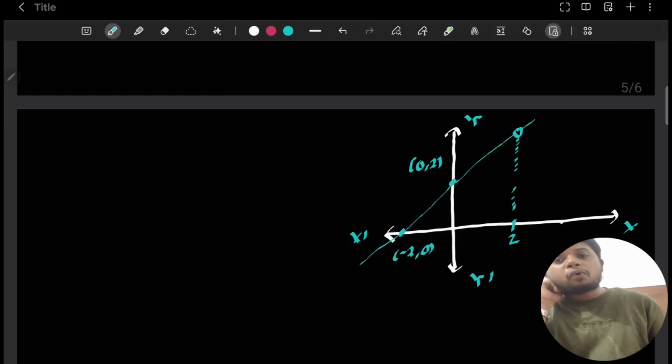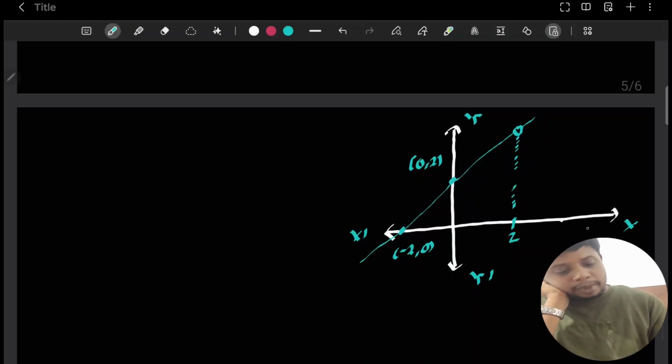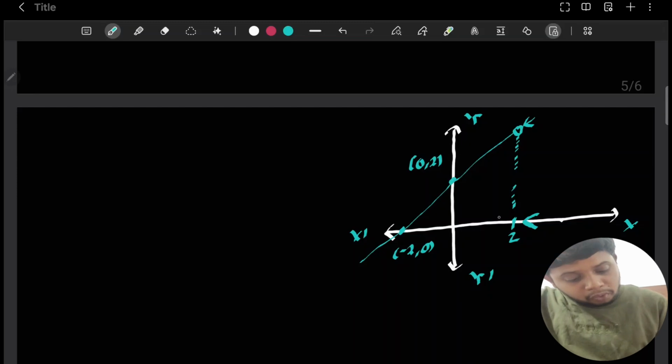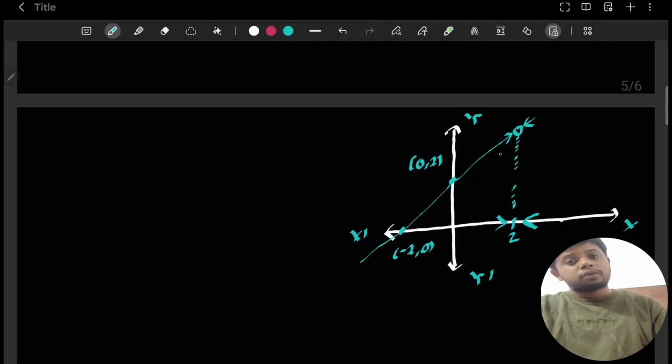But what does that 4 mean? The 4 means when x goes to 2 from the right side, the functional value goes to 4 from the right side. And when x goes to 2 from the left side, the functional value goes to 4 from the left side. That means the limiting value is 4.